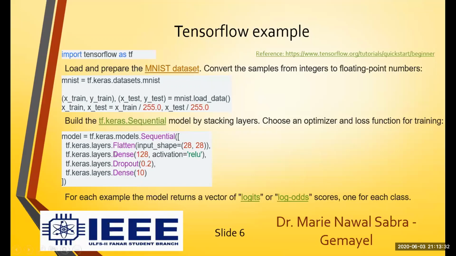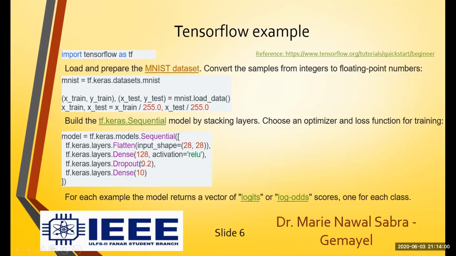The second layer is a dense layer, which is a fully connected neural network, the one we defined at the beginning of the machine learning chapter. It has an output of 128 neurons, and it has the activation function ReLU. You can choose another activation function, but this one is a classically used one.